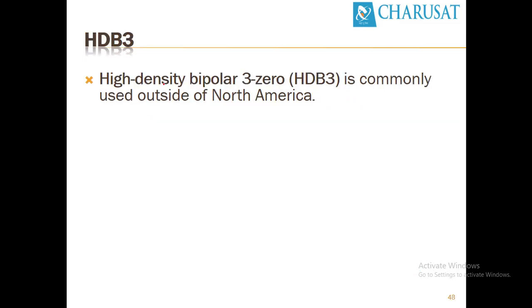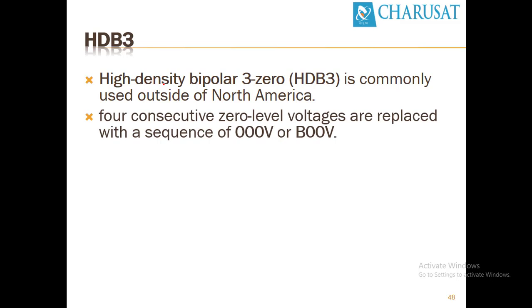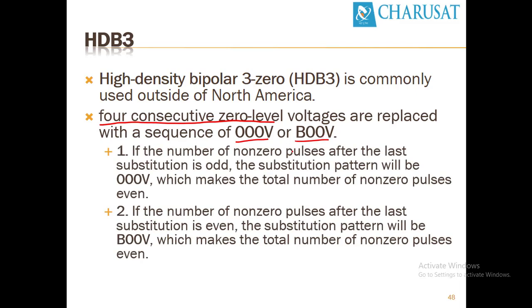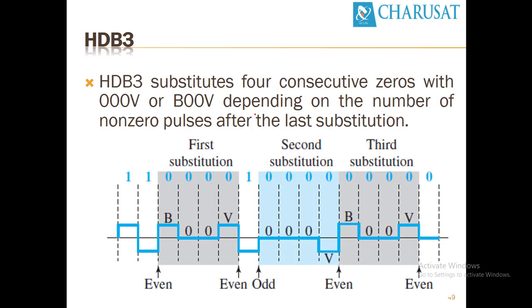The next method is HDB3, high density bipolar 3-zeros, which is commonly used outside of North America. HDB3 focuses on 4 consecutive zeros, whereas the previous method was focusing on 8 consecutive zeros. Those 4 consecutive zeros can be replaced by either 000V or B00V. Let's see what these combinations are. We'll come back to this slide for rules 1 and 2. So this is the first substitution, second substitution, third substitution.